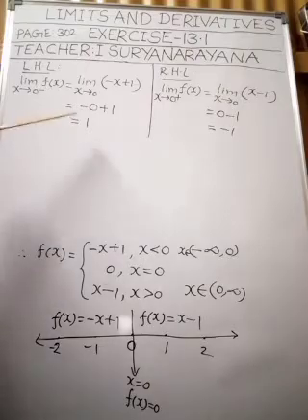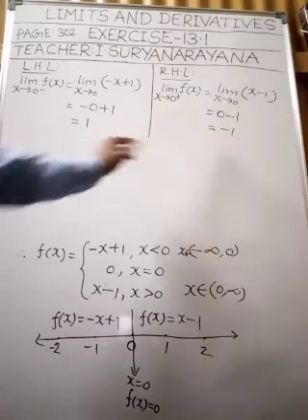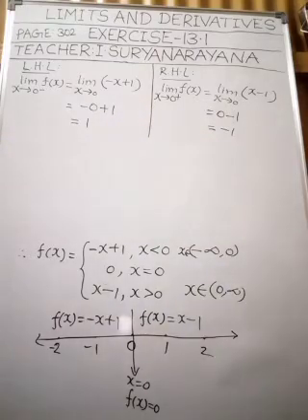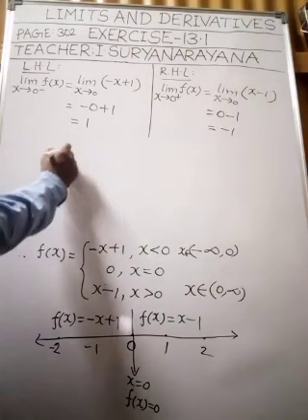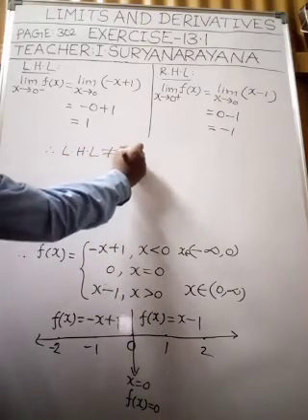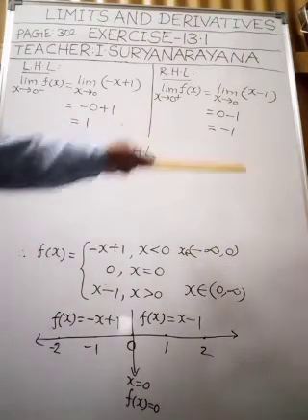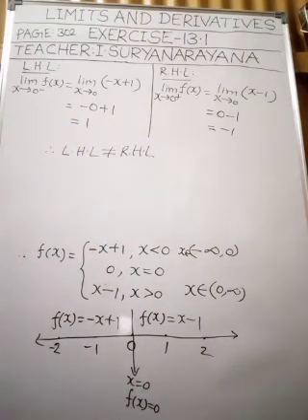If you find here, the left hand limit is 1, the right hand limit is minus 1. Are these two numbers equal? No. So therefore here LHL is not equal to RHL. The left hand limit is not equal to the right hand limit. So what will you say here about this function?